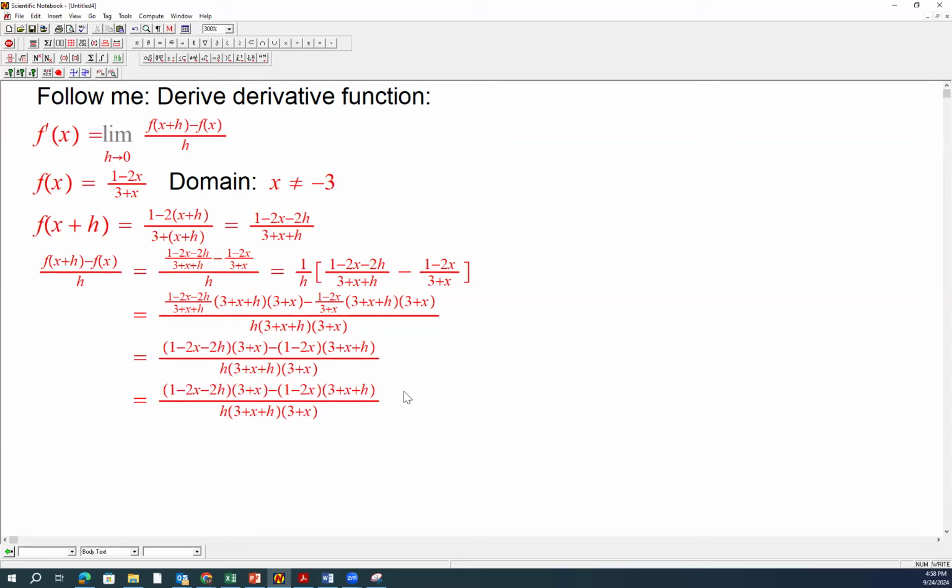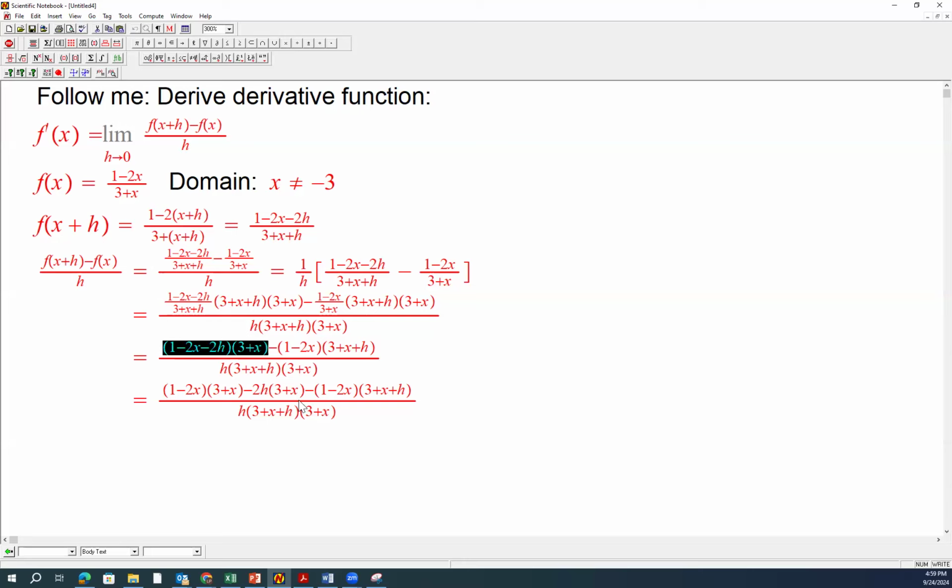So I'm going to multiply the numerator. 3 plus x is going to multiply 1 minus 2x minus 2h. Multiply 3 plus x. So this part is completed.